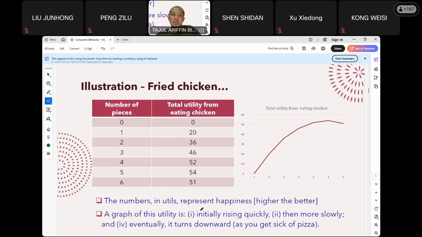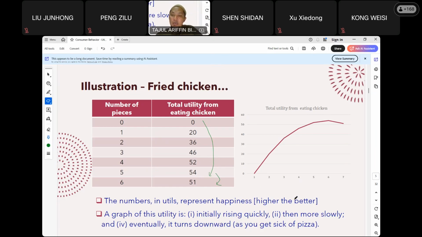Let's go by this illustration, fried chicken. Number of pieces from 0 to 6. Total utility increases from 0 to a maximum of 54, but drops because of vomit. The maximum you can eat is 5, but you eat 6. The sixth piece is swallowed, but eventually comes out of our mouth, and therefore reduces your satisfaction. The maximum is 54, then it ends up at 51.